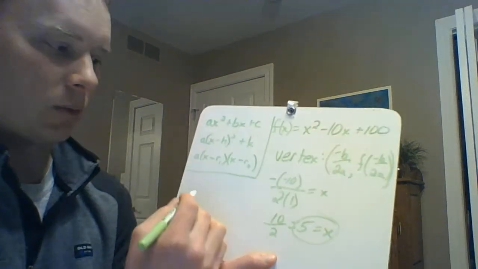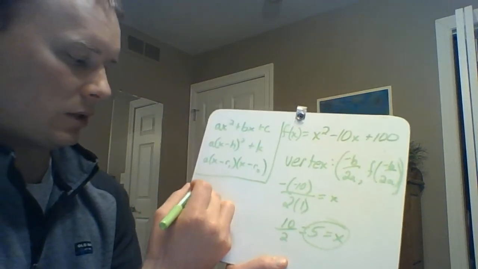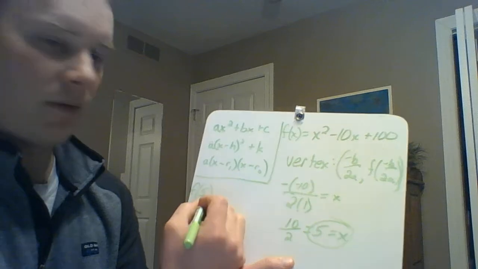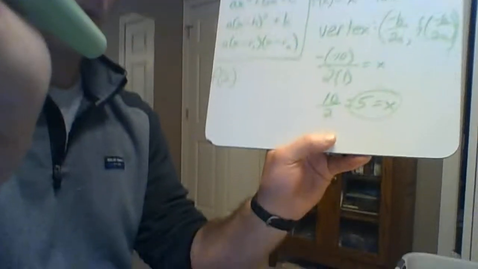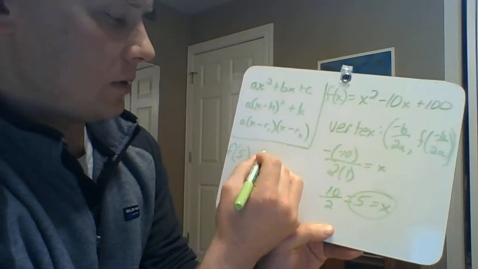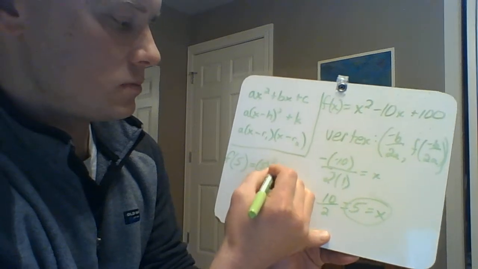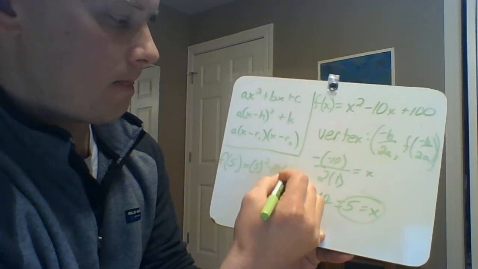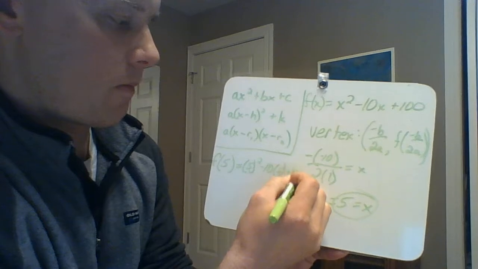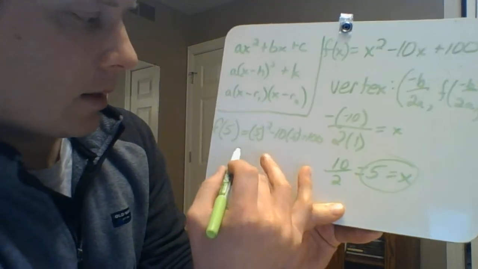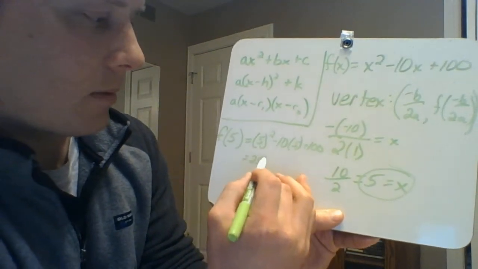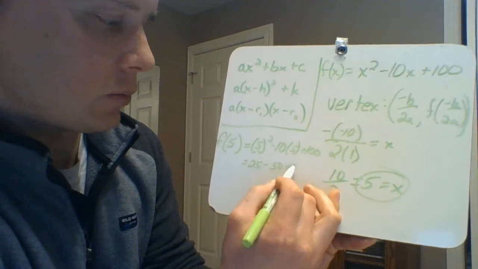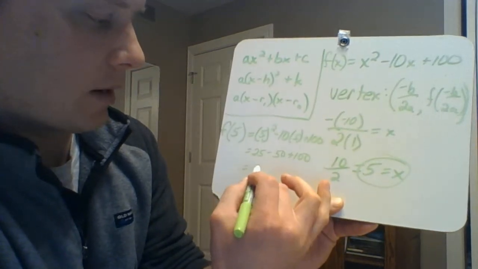It's just another notation. f of 5. So we're going to substitute 5 in. And we get 25 minus 50 plus 100, which simplifies to 75.